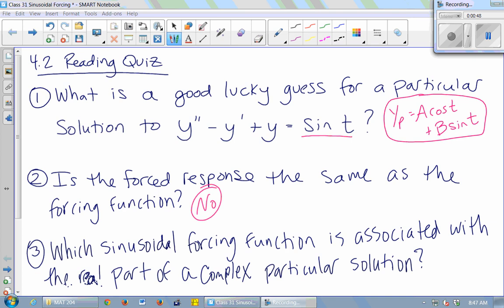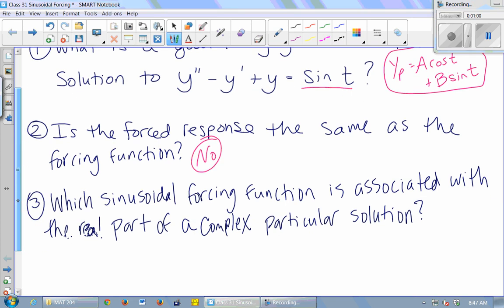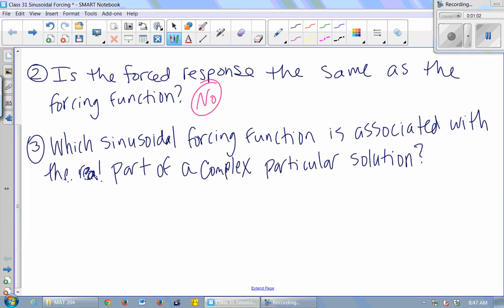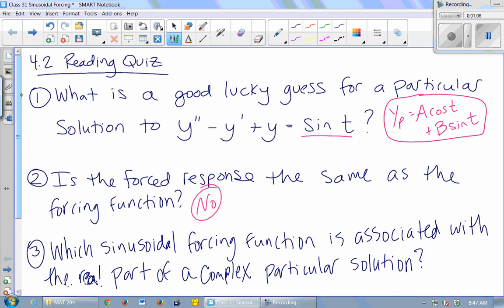And which sinusoidal forcing function is associated with the real part of a complex particular solution? It is cosine. I'm just talking about the forcing function, which is only sinusoidal today.